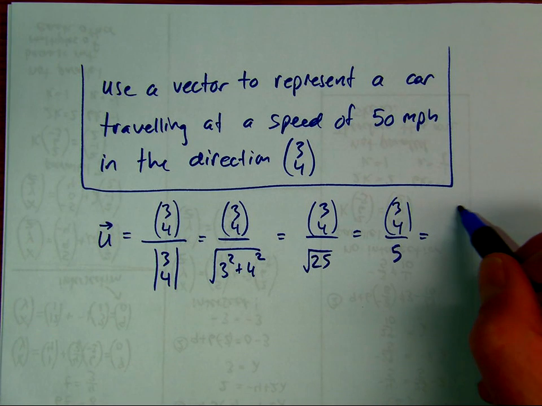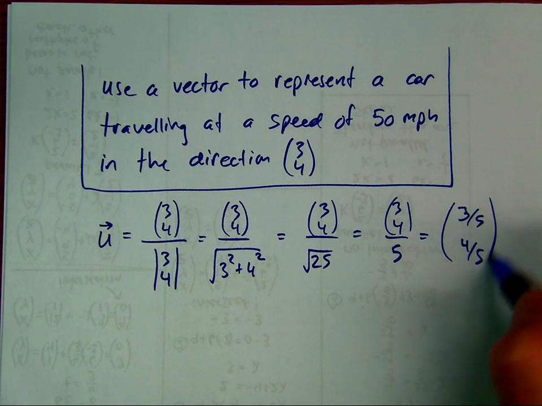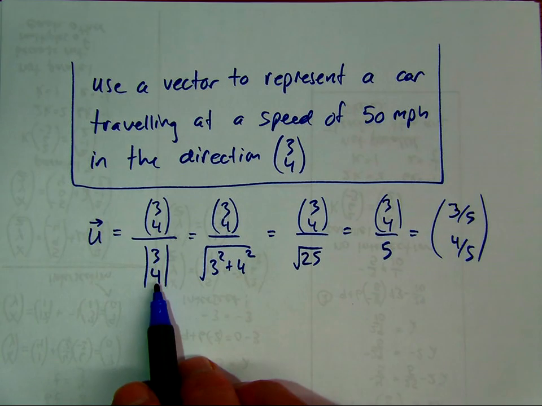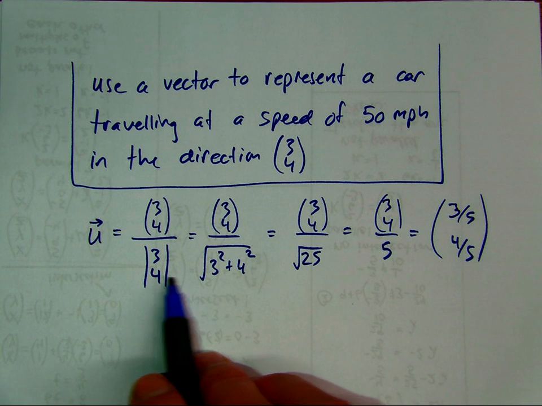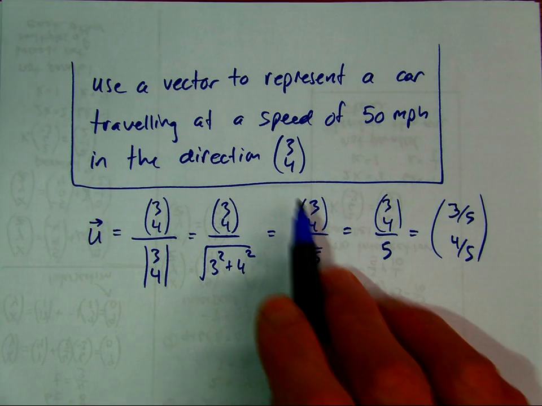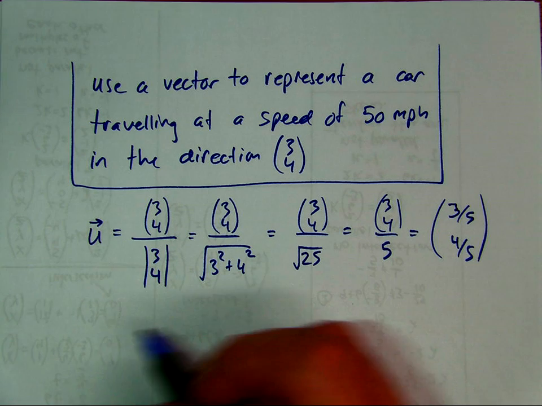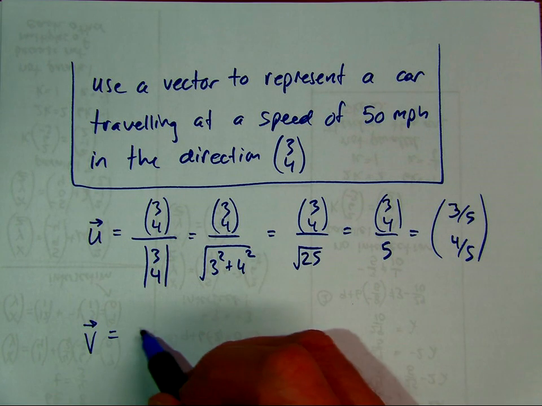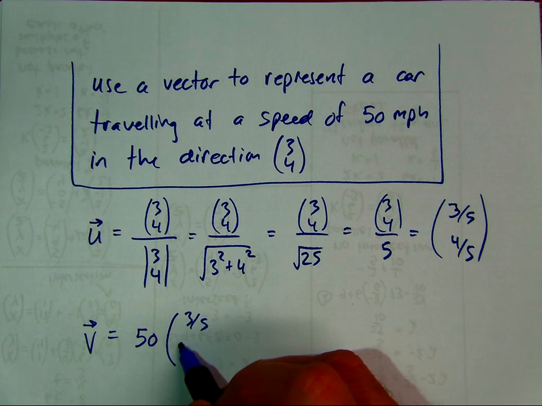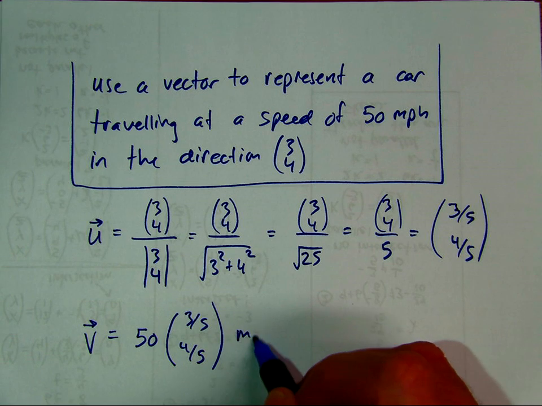So we get 3 over 5, 4 over 5. The unit vector is a vector divided by its own length or magnitude. So here, this has a magnitude of 1, and it's in the same direction as this vector. So now the velocity vector is just going to be 50 times that. And that'll be in miles per hour.